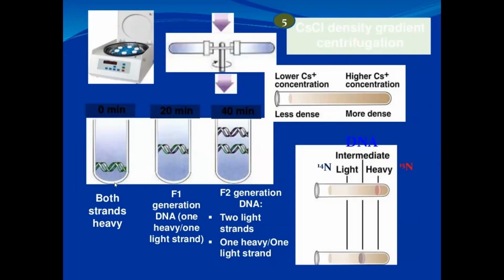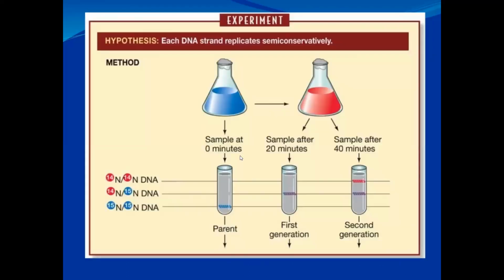Here you can see both strands with heavy nitrogen N15, and in the F1 generation they saw DNA with one heavy isotope, N15, and one light isotope, N14. In the F2 generation, they saw two light strands, and one heavy strand with one light strand DNA. This method confirmed that DNA undergoes semi-conservative replication.